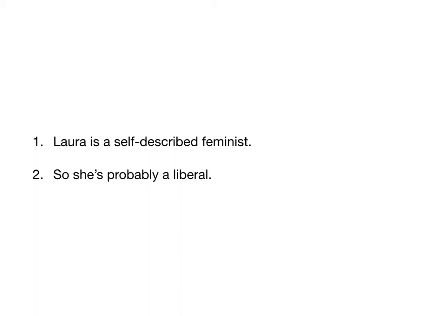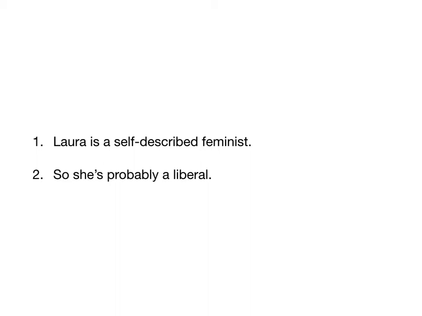One talks about her being a feminist, two talks about her being a liberal. There is nothing explicit that links being a feminist with probably being a liberal. There's a gap. You need something that links being a self-described feminist to probably being a liberal.